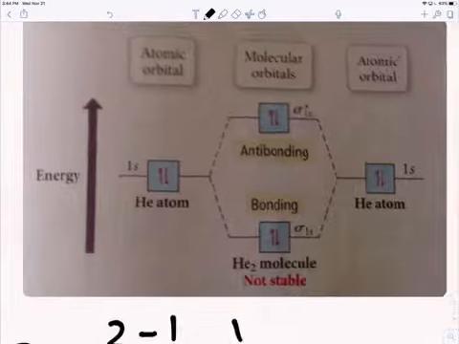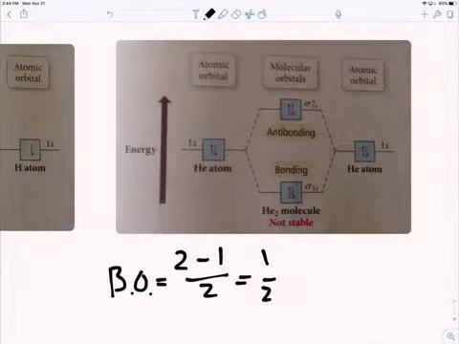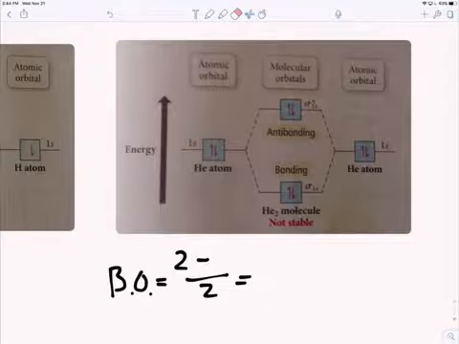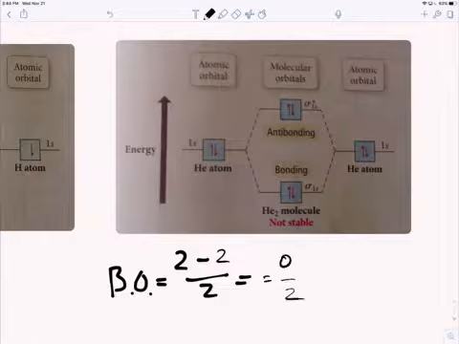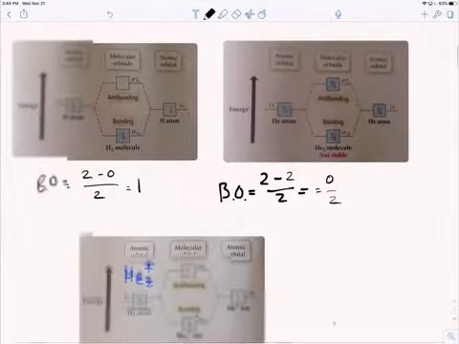But this has a bond order of 0, because there's 2 bonding and 2 anti-bonding over 2. This is 0 over 2. So a bond order of 0 means it's not going to bond. So diatomic helium does not form.